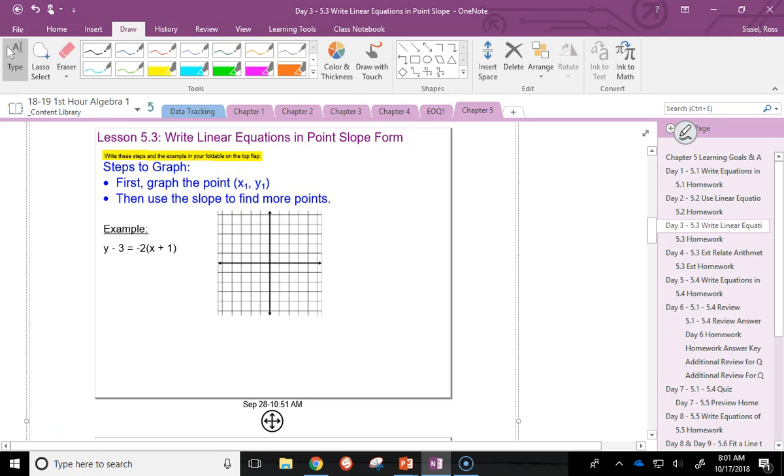To graph, first thing, graph the point (x1, y1). Going back to that earlier equation, it told me what my points are. So looking at this point slope, I know that my x1 is this, and my y1 is that.